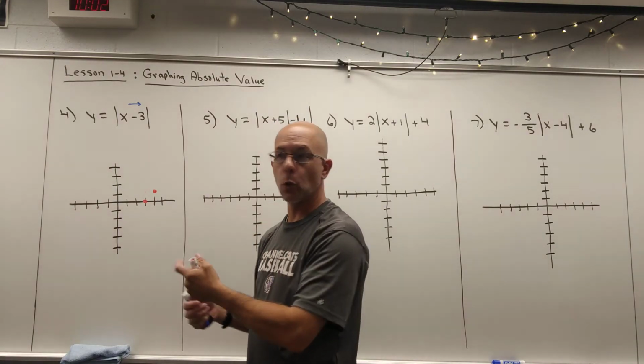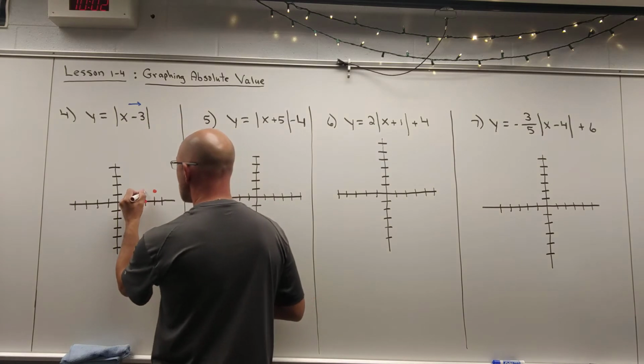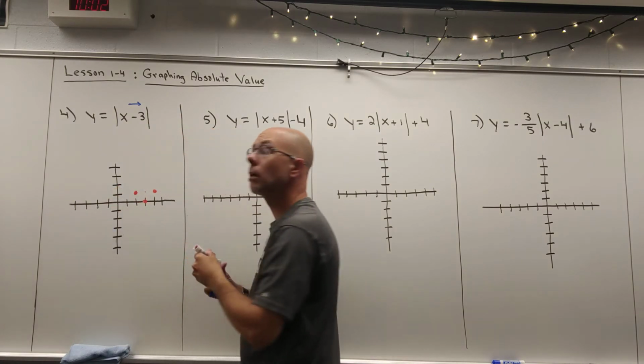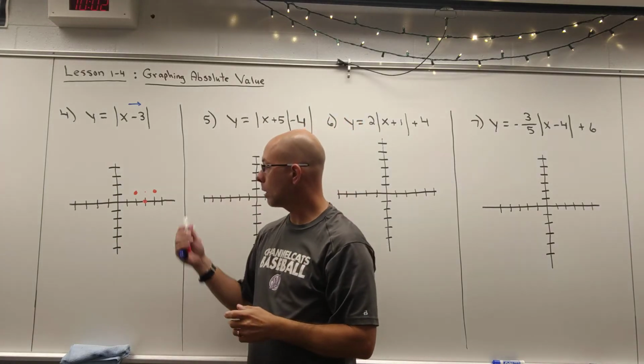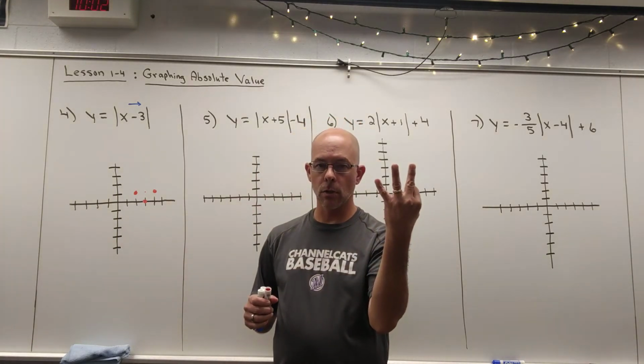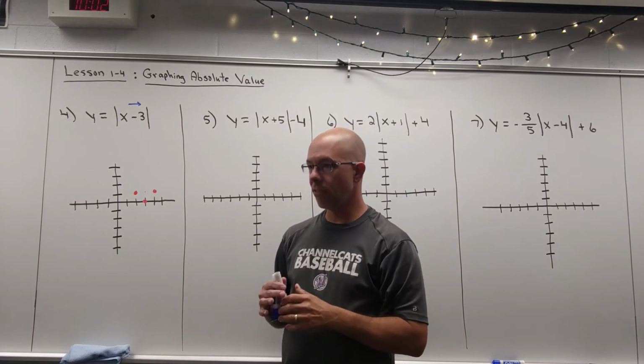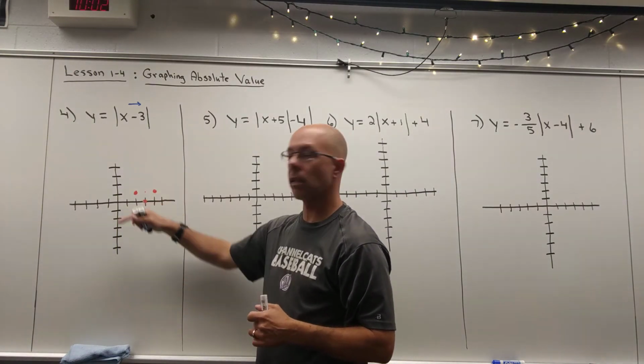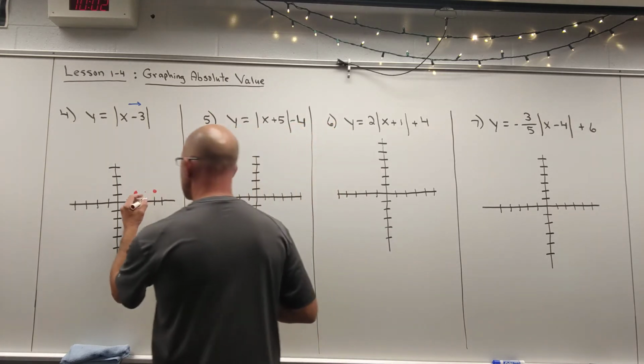It's just a helpful tool. So rise 1, left 1. Technically, I only need 3 points total to make a V, provided one is the vertex, one is the right direction, one is the left direction, and I got all I need.